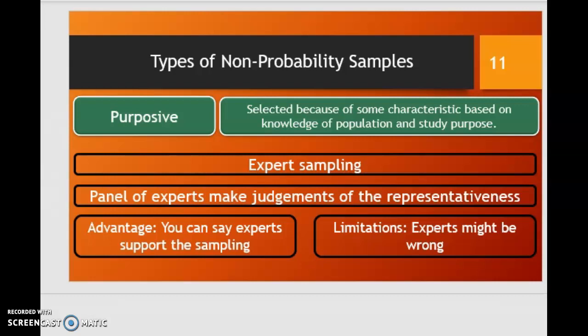And in expert sampling, sometimes we would use a panel of experts to make judgments about the representativeness. An advantage of expert sampling is that you could say the experts support the sampling. However, even the experts may be wrong when it comes to selecting the right people.